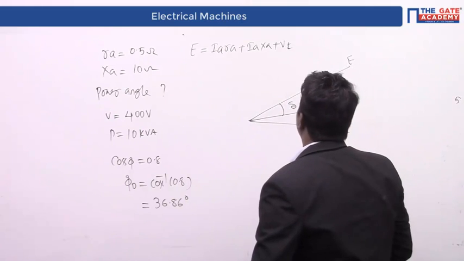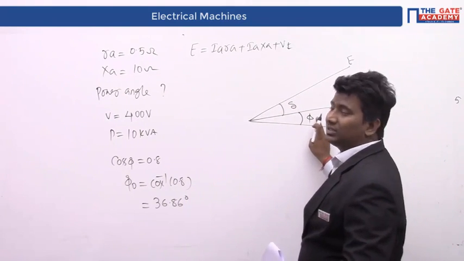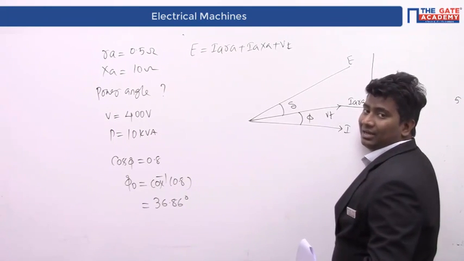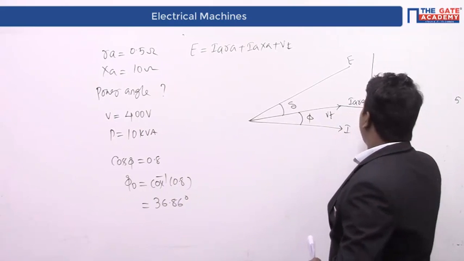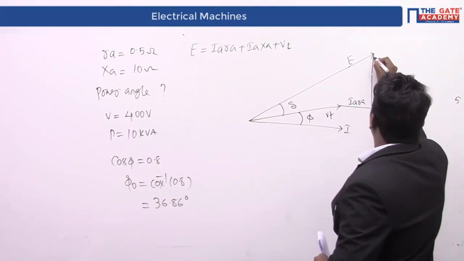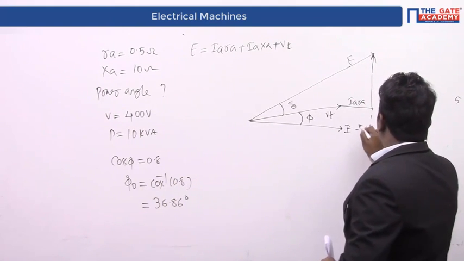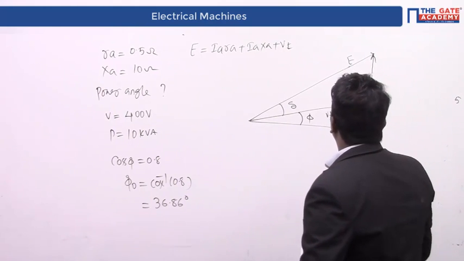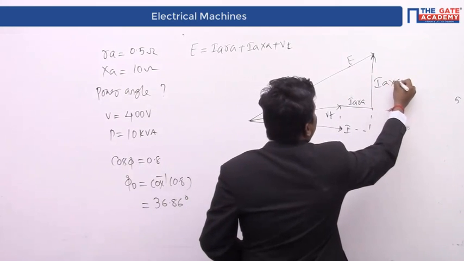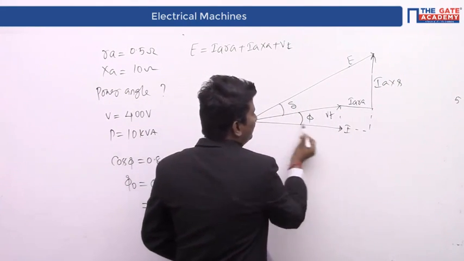If the load current lags by some angle phi, then IA RA is exactly parallel to this current, and IA XS is perpendicular to this current. Therefore, if we extend this line like this, could you please tell me what this is? This is IA XS.